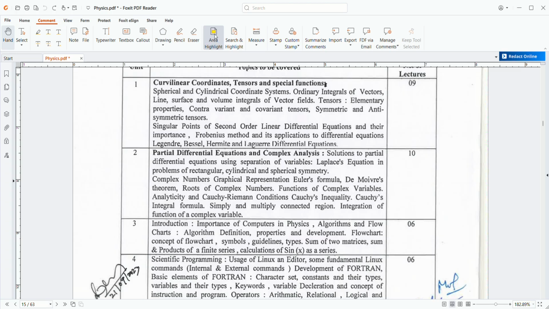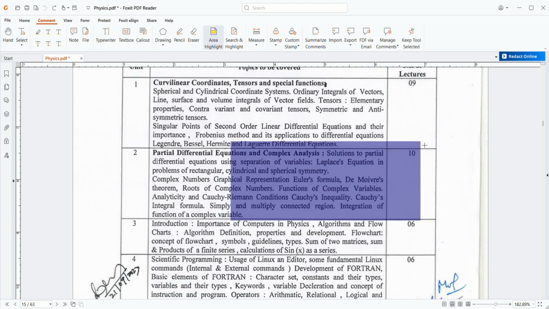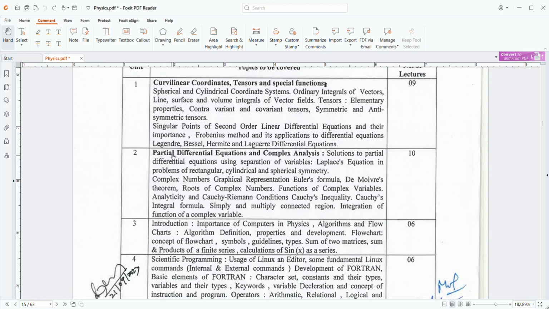Highlight this area. Partial differential equations and complex analysis. Solution to partial differential equations using separation of variables.